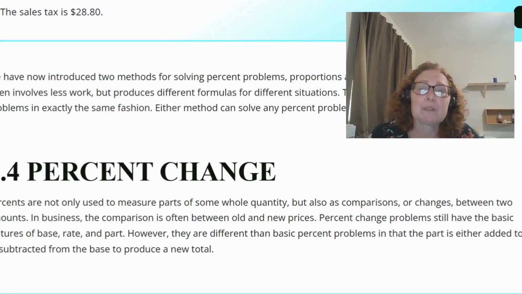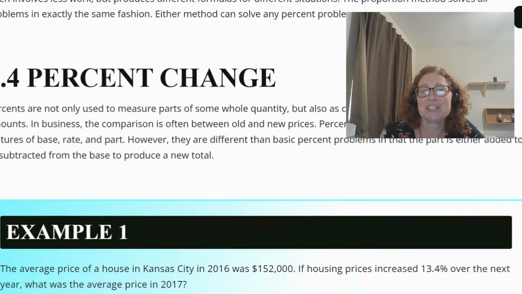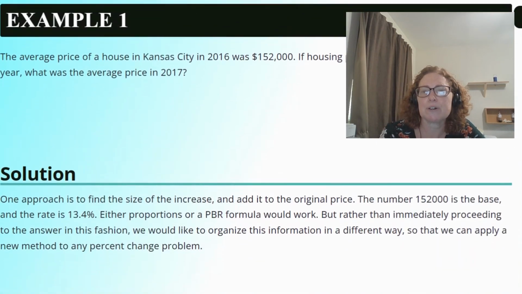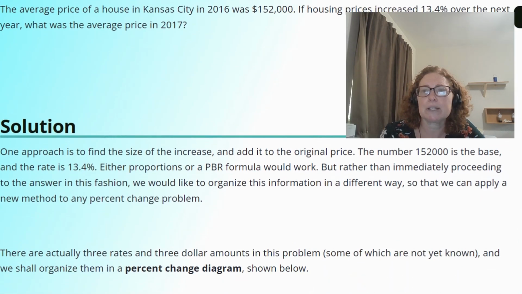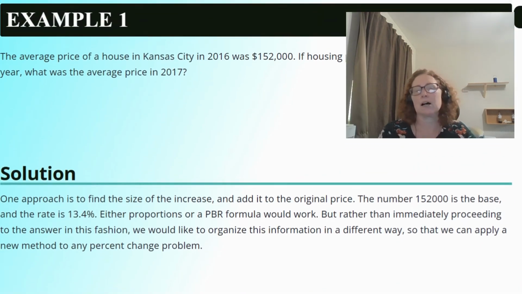So we still look at base, rate, and part, but we also are looking at adding and subtracting to get a new total. So when we look at this, I'll give you the first example. The average price of a house in Kansas City in 2016 was $152,000.